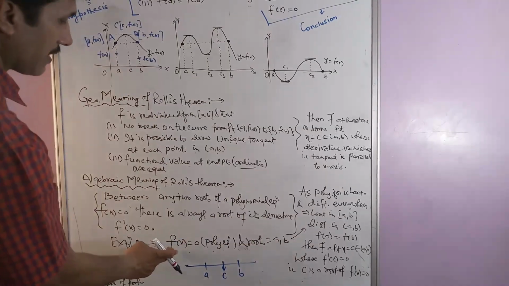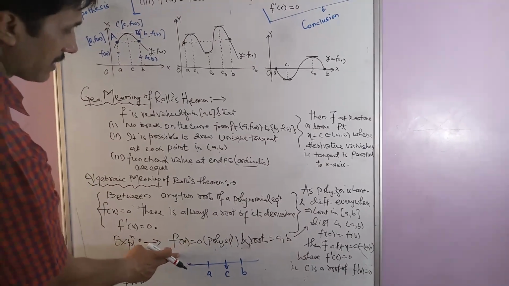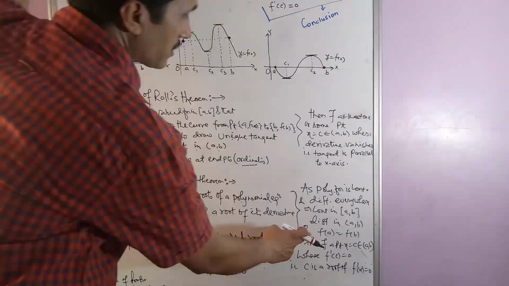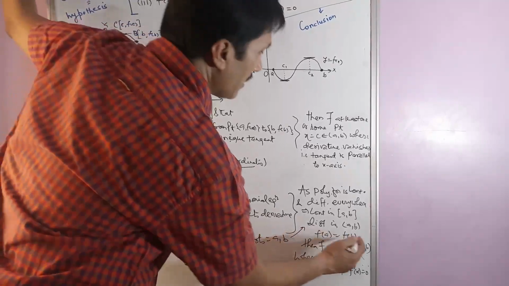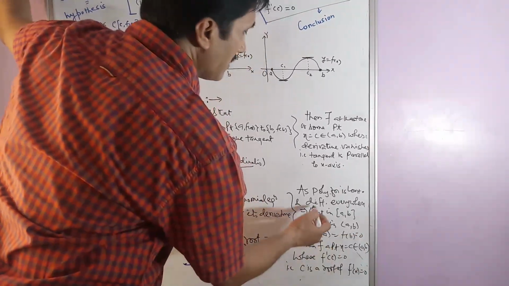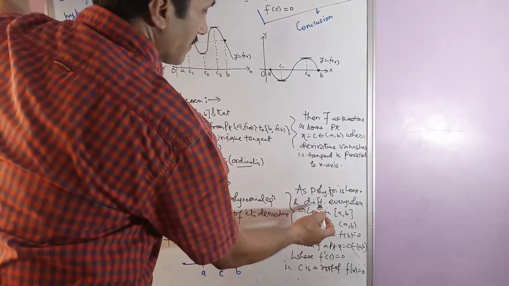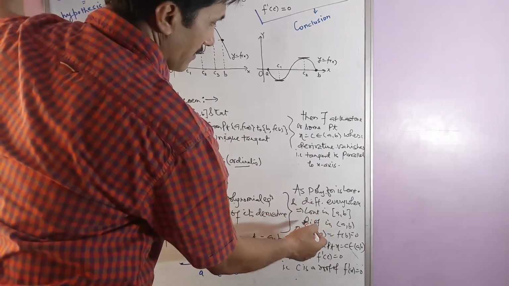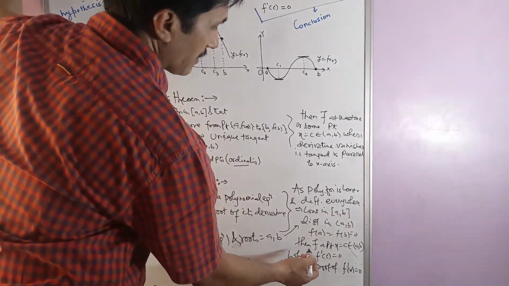Here a and b are roots of this equation, so f(a) equal to 0 and f(b) equal to 0. So the third condition, f(a) equal to f(b) equal to 0. These three conditions of Rolle's theorem are satisfied for the polynomial.